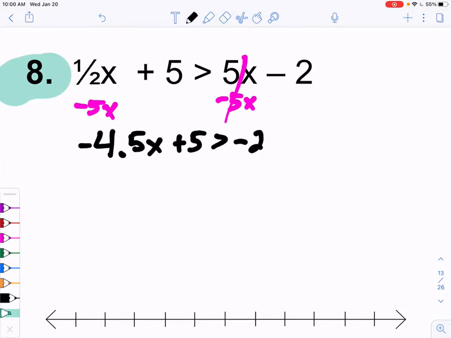From here, you want to just get x by itself once you combine your x's. Remember, we always want to keep our variables on the left-hand side, whatever variable we're solving for. If there's 2 variables, solve for y. Subtract the 5 over.